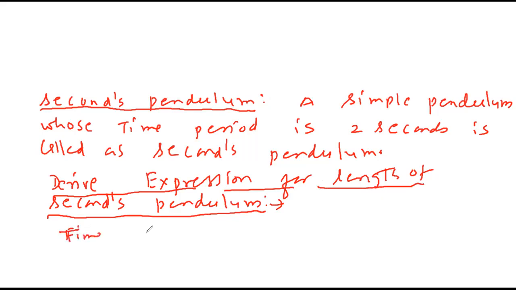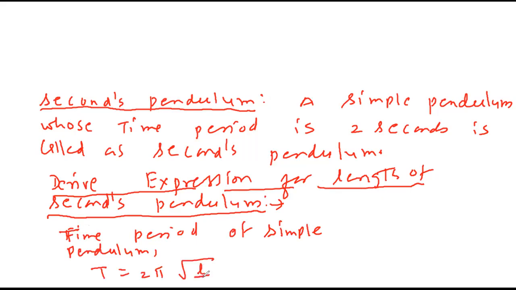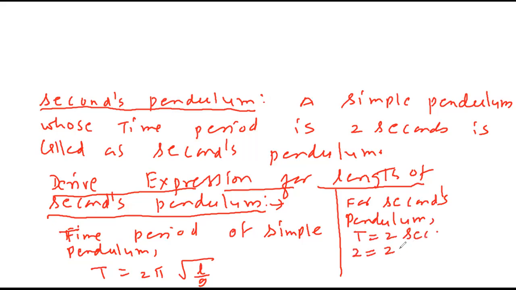Time period of a simple pendulum, just now we derived, is given by 2 pi root of L upon g. For a seconds pendulum, T equals 2 seconds. Therefore, 2 equals 2 pi root of L by g.